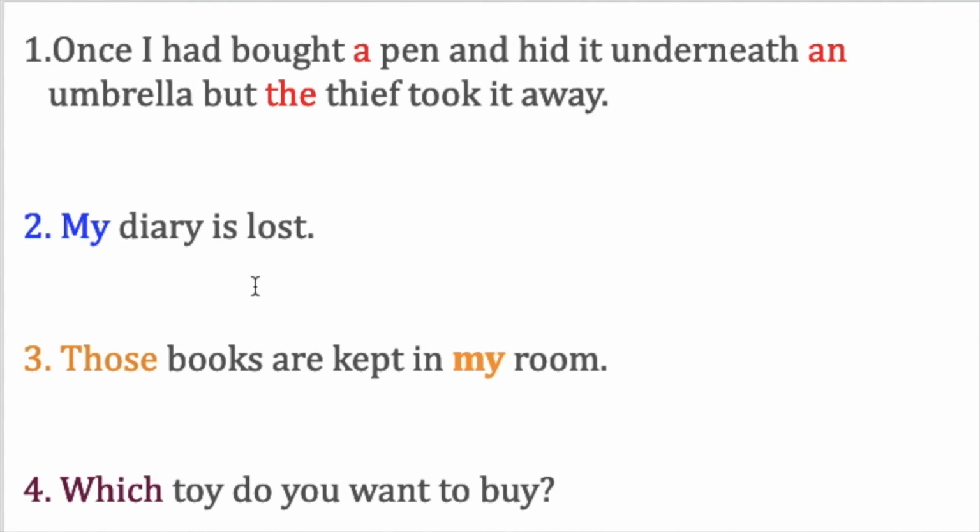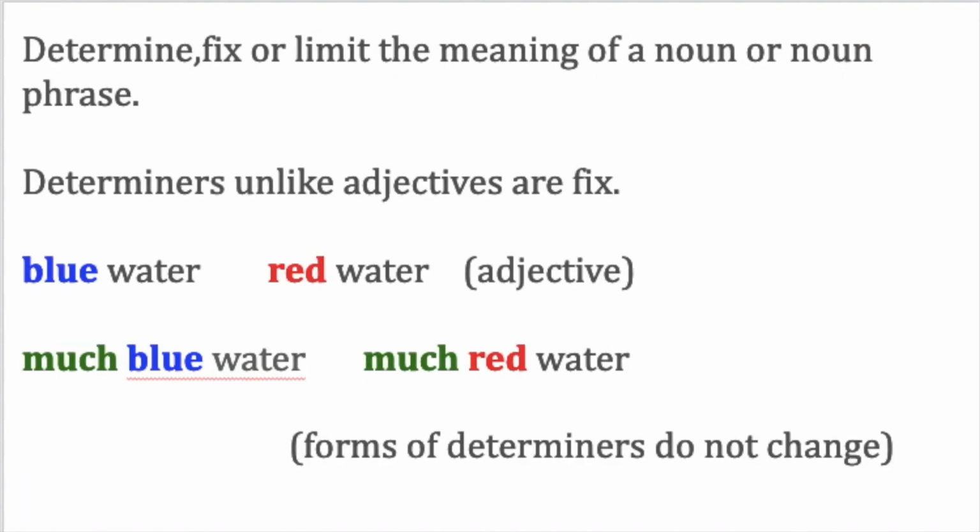So that's how he says my diary. So the word my is actually limiting, that you don't have to look for all the diaries but look for his diary. Okay, so that's how it fixes, determines, and limits the meaning of a noun or at times a noun phrase.